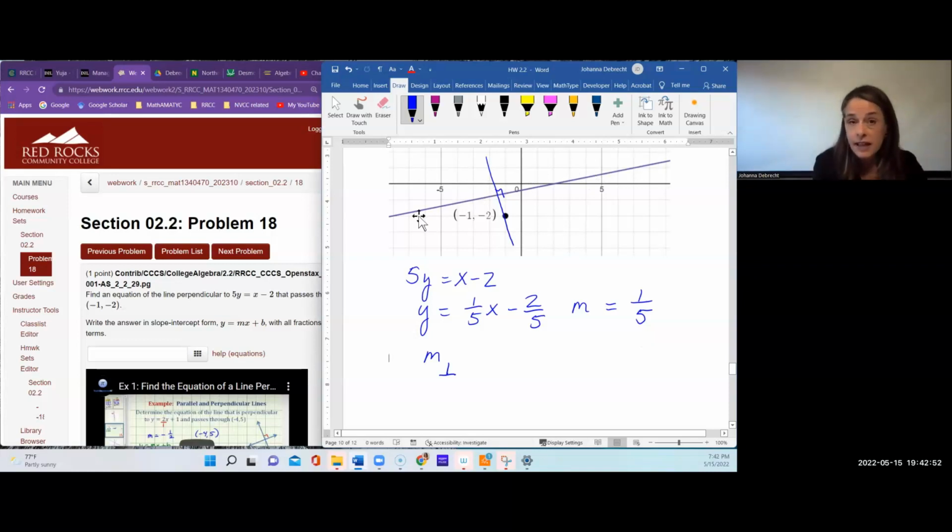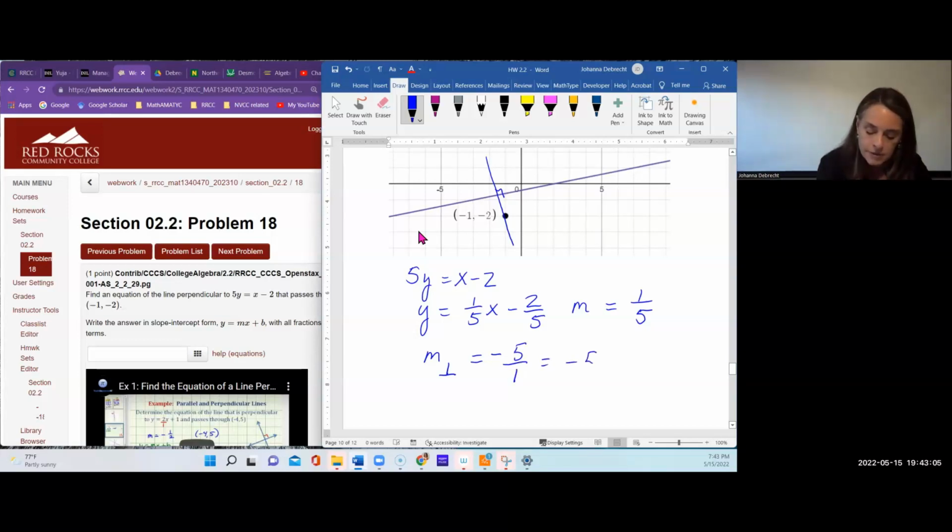It's relatively flat, certainly less than 45 degrees. We change the sign and we turn the slope upside down and make it 5/1. That makes it a slope of -5. So the one I want has a slope of -5, and it goes through the point -1, -2.